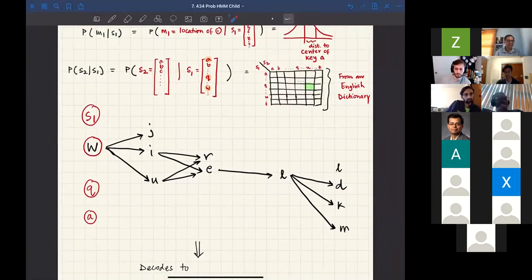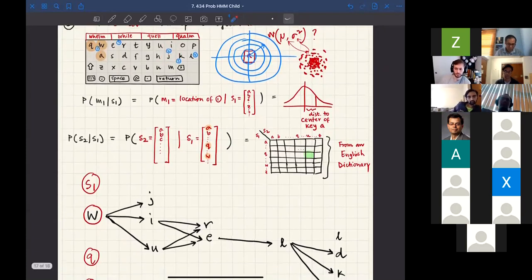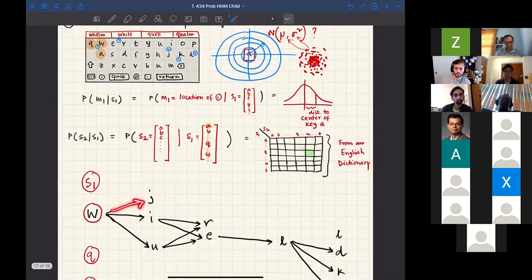So you start from there, and let's look at W. Once you do W, the next one being J, this is number 2. The measurement says that this J is very likely, but my dictionary says W and J, this value is very, very small.